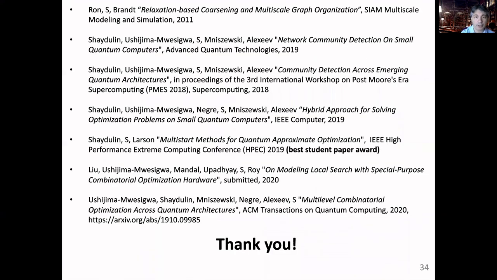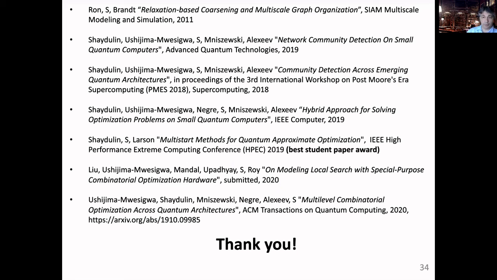All right, so with that, I would like to conclude this part of the tutorial. We presented a way to hybridize quantum and classical devices in the multi-level framework.